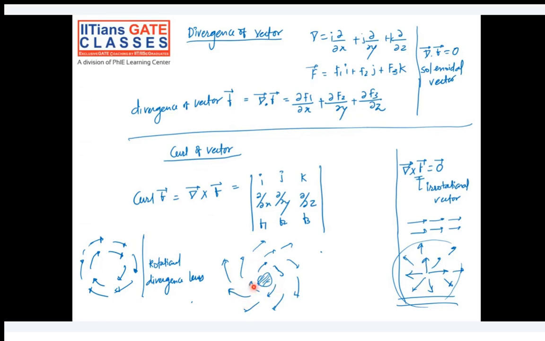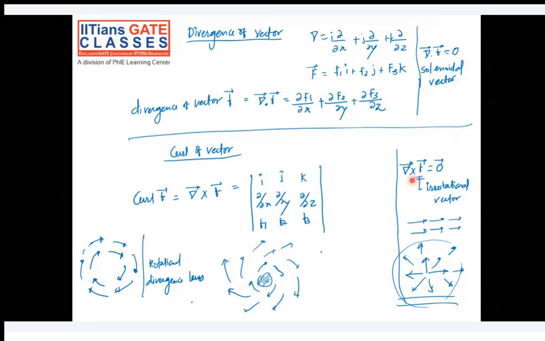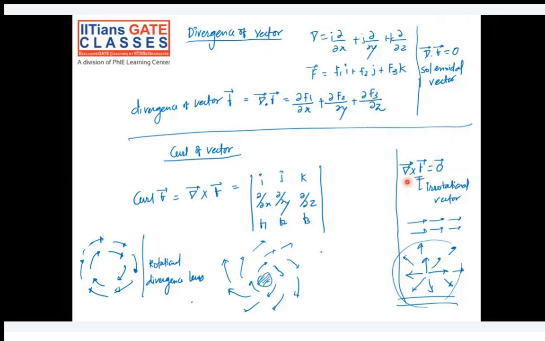If the curl is zero, it means the cross product with the del operation is zero. It means it is not rotating, so you can call it an irrotational vector. If del cross f bar is zero, then f bar is an irrotational vector. And if del dot f bar is zero, then you can call it a solenoidal vector, meaning it is not diverging.